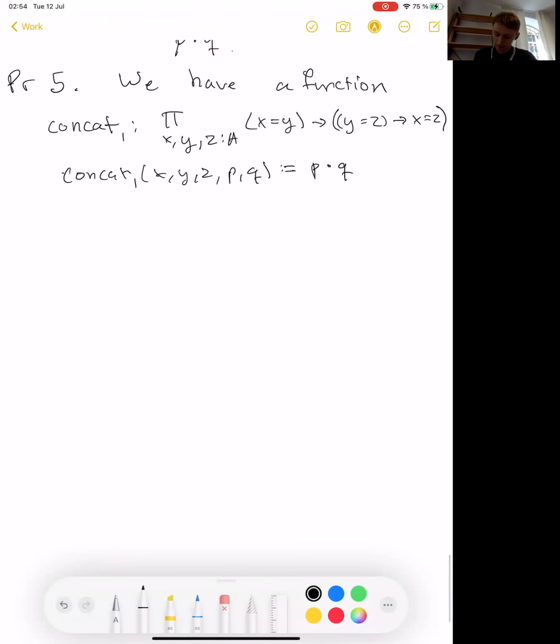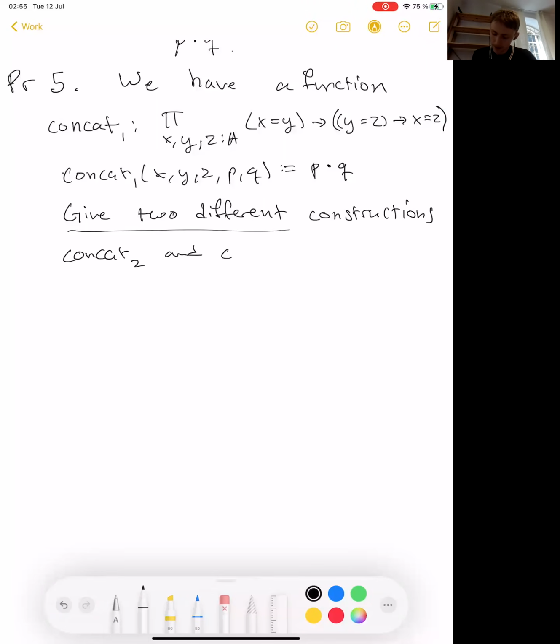So now the problem is, let's give two different constructions, concat 2 and concat 3, of the same type.